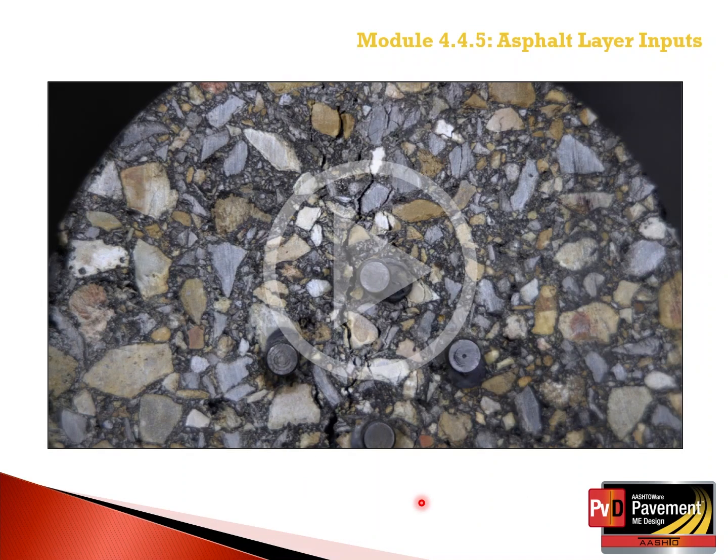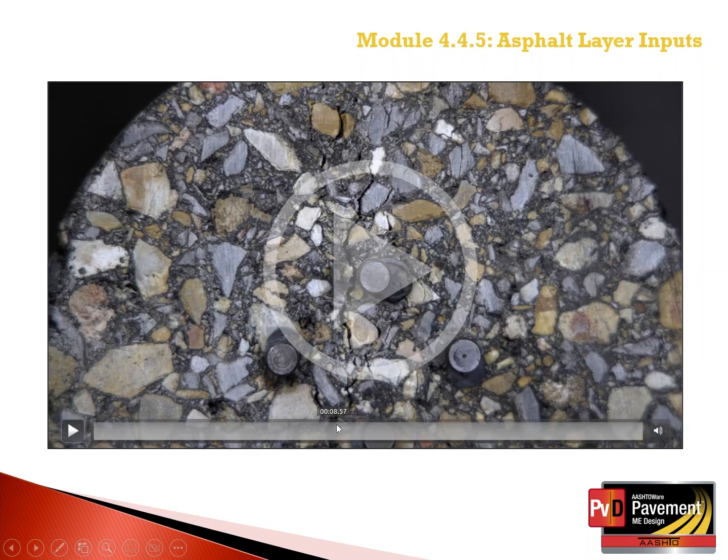This slide includes a short video clip of the indirect tensile strength test in accordance with ASTM D6931. The video clip shows the face of the IDT specimen without the LVDTs attached to the face of the specimen.